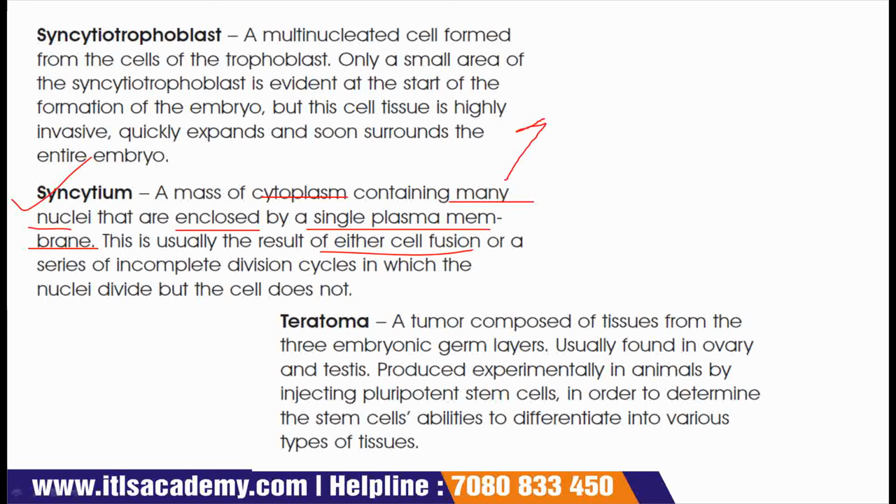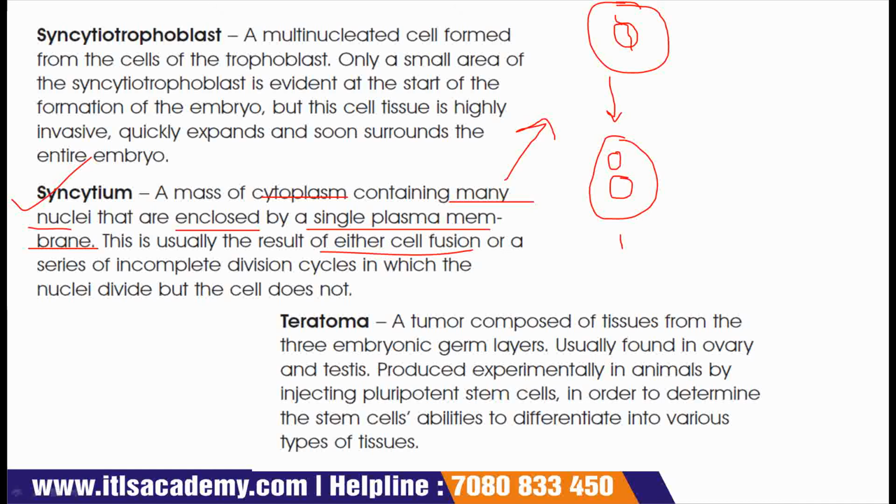Let us understand what this statement is saying. If this is our cell, but due to some reason it does not go for division, the nucleus present in the cell undergoes division. So here the cell will remain the same but the nucleus will divide.